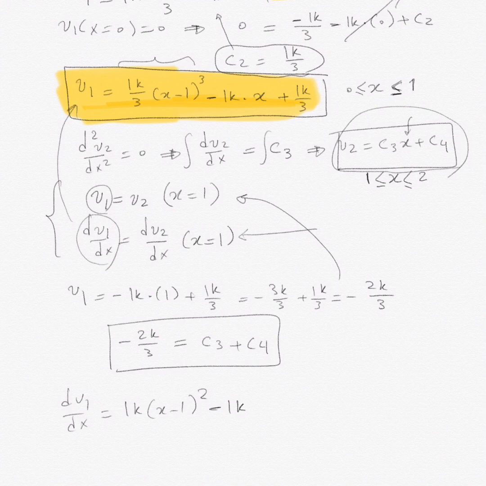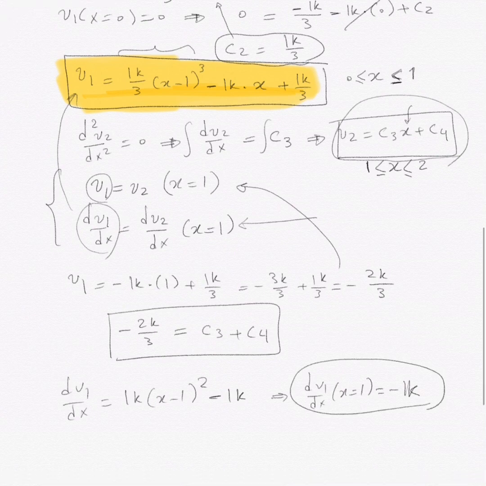That's your complete derivative. Okay? So what happens if you put 1 here? Substitute 1 here. You get dV1/dx at x equal to 1 is equal to, the first term becomes 0, negative 1k.